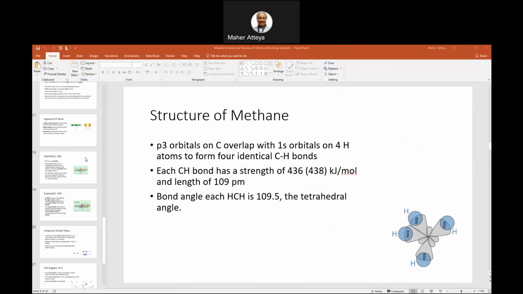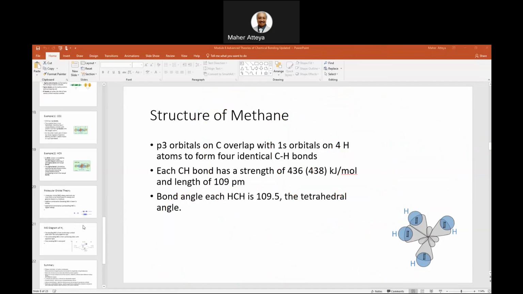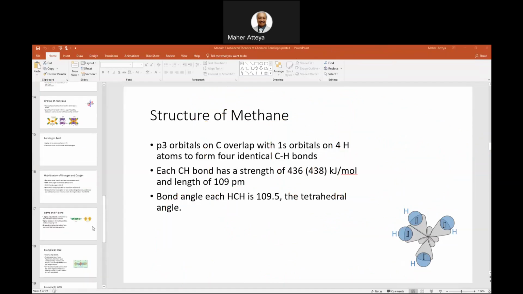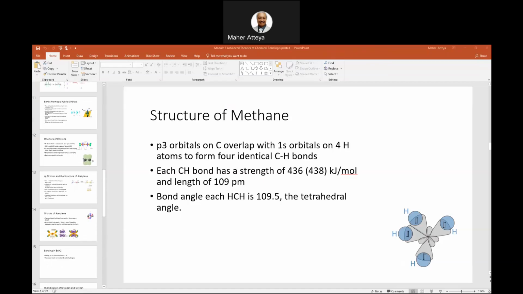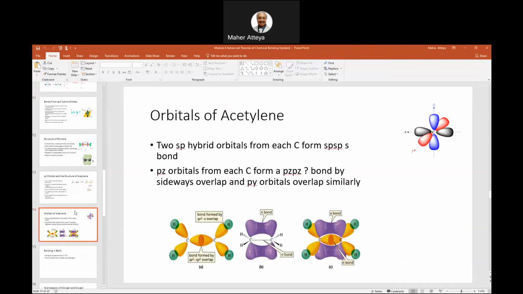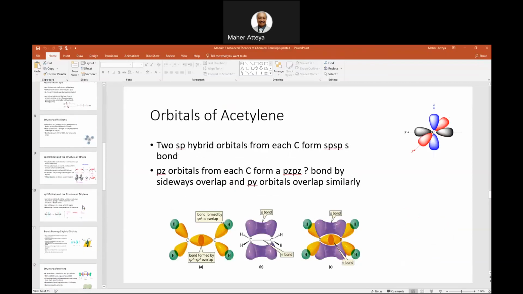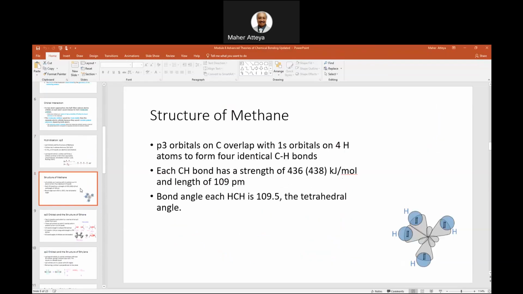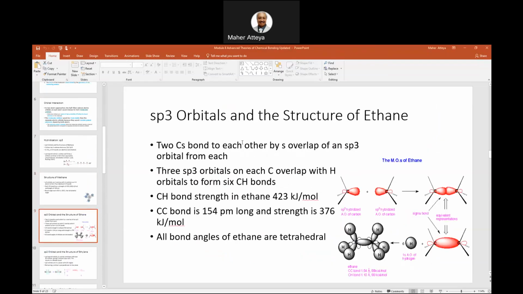Let's take another example. Let's look at the structure of ethane. What's ethane?